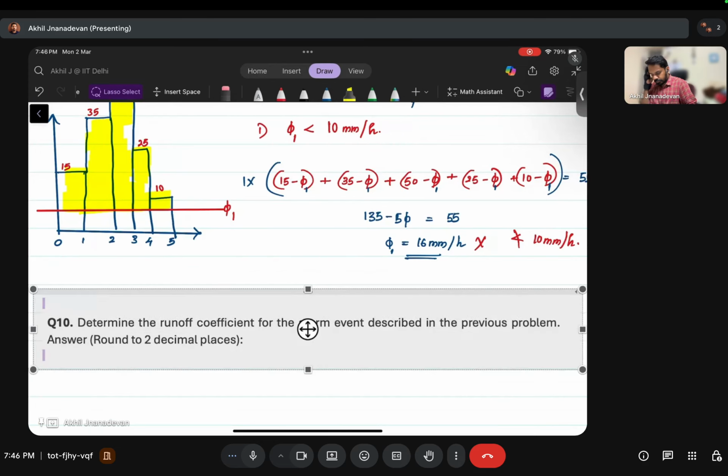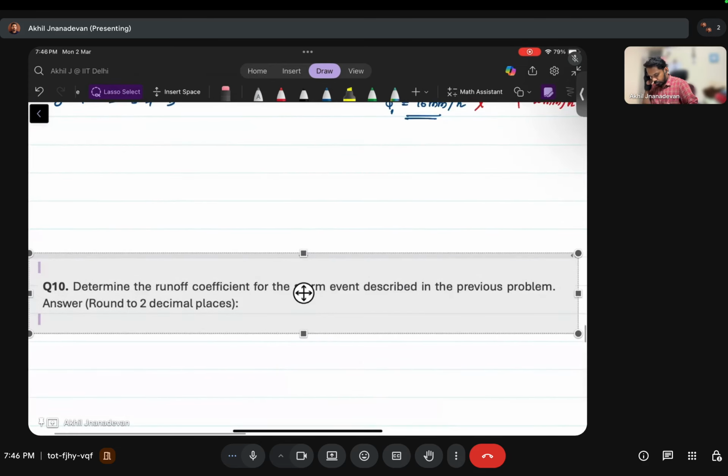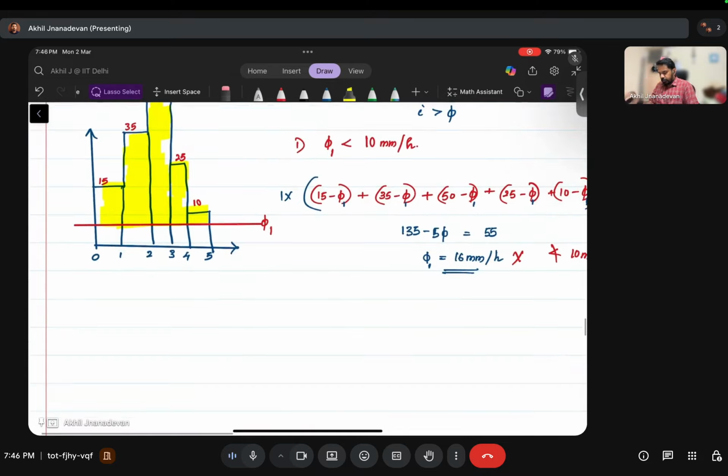Like we know it is greater than 10, the second assumption will be that it is between 10 and 15. So we can go a step further. It was coming out as 15, right?